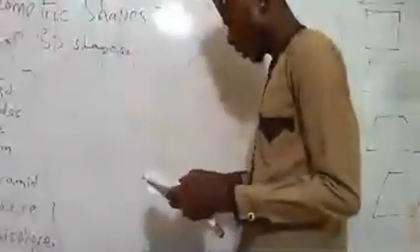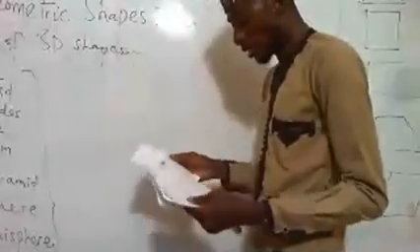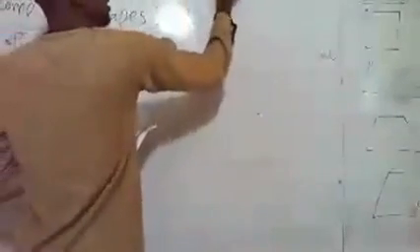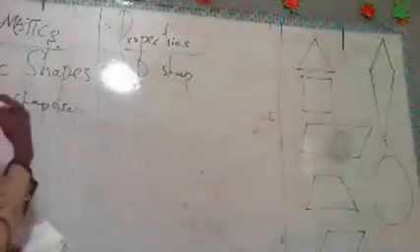Let's go to the properties of all these shapes. Properties. We'll take the 2D shape first, which is the flat shape. I may say 2D shape, I may say plane shape, I may also say flat shape.